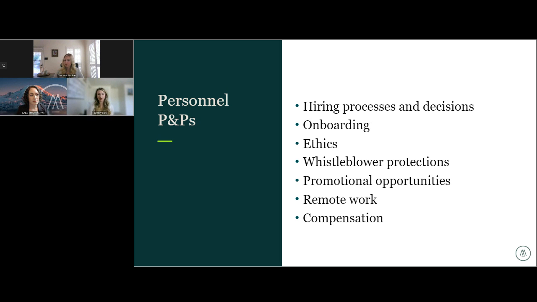And those should really flow throughout all of our personnel policies and procedures, including the way that we go about hiring, the way that we're working together, the way that we support our employees and enable professional growth and promotional opportunities.